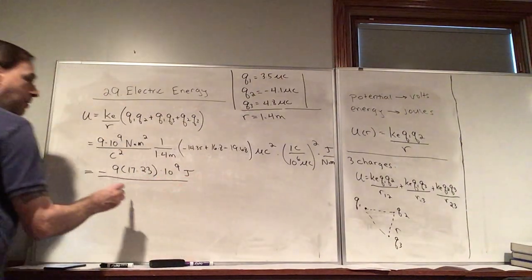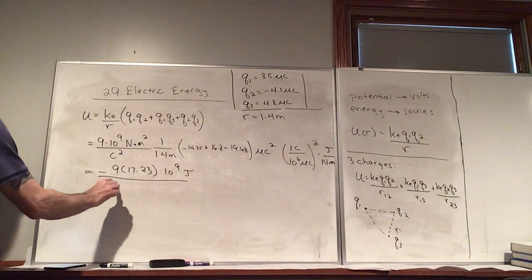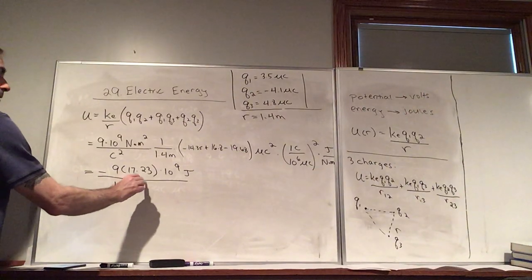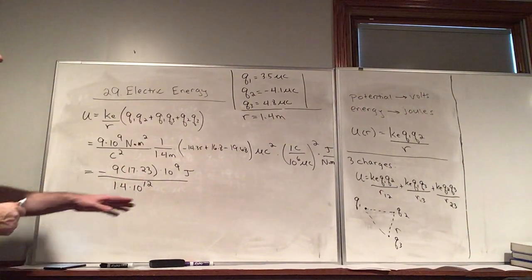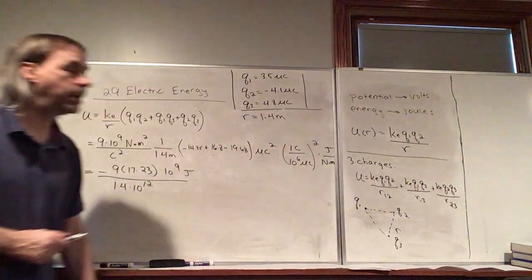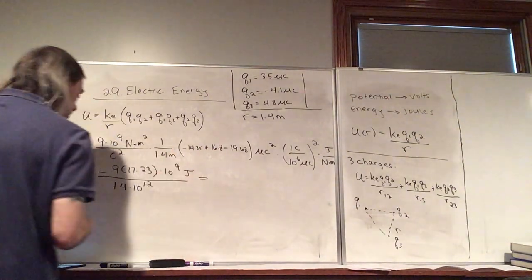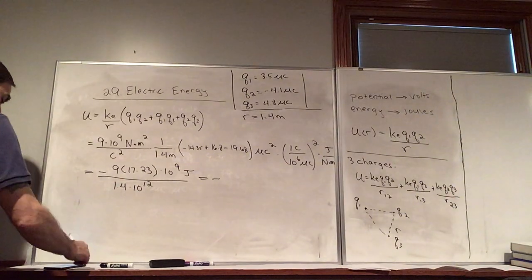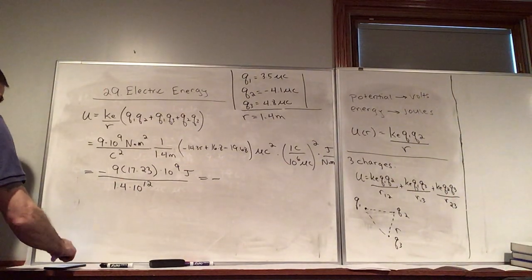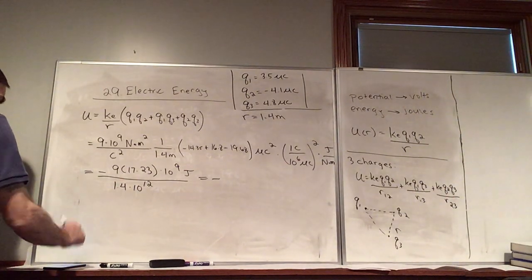And then on the bottom, we have 1.4 times 10 to the 12th. So here we have 10 to the 6th, but it's squared, so it's 10 to the 12th. So if we clean this up a little bit, get our minus. I'm going to do 17.23 times 9.